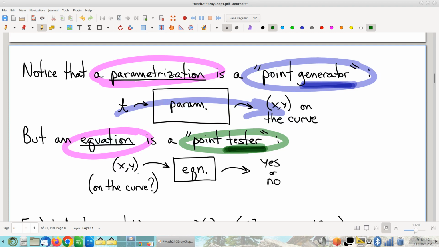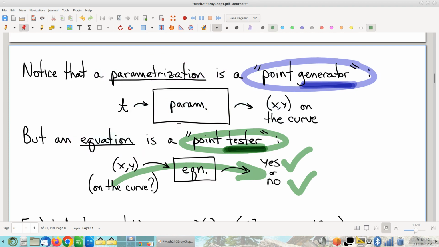Well, you take that point, you plug it in the equation, and either it works, in which case, yes, it is on the curve, or it doesn't, in which case, no, it's not on the curve. Right? So, very important difference. Parameterizations generate points. Equations test points. Okay, so that's something to keep in mind.